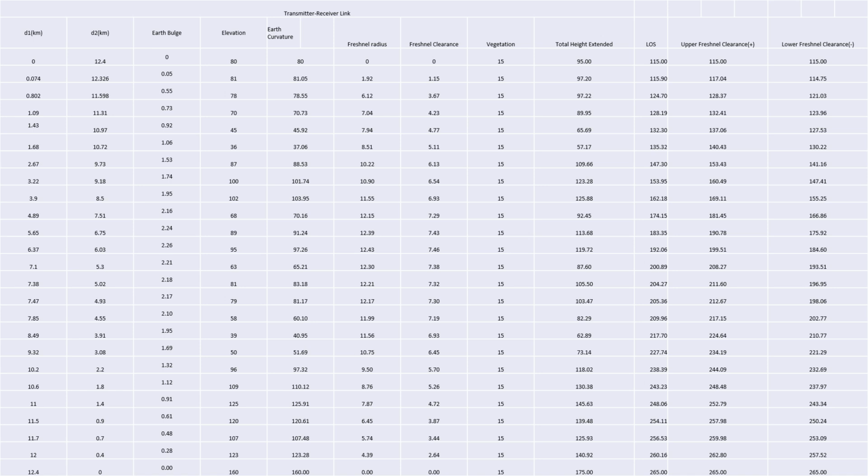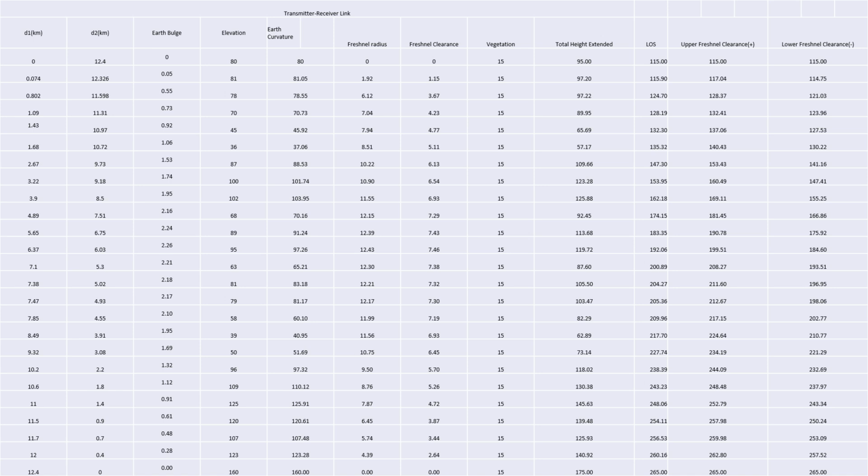Because the earth is curved and the surface between the two isn't flat, it slightly bulges upward. This bulge can block part of the signal if we don't consider it in our calculations. That's why we need to compute for the earth bulge to make sure our towers are tall enough to maintain a clear line of sight over the curvature of the earth.